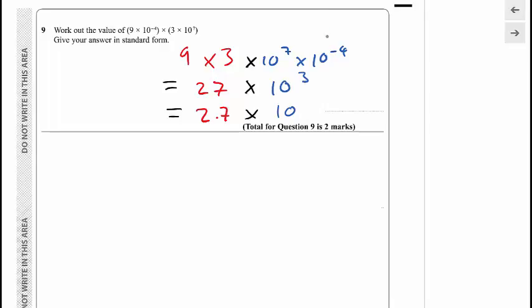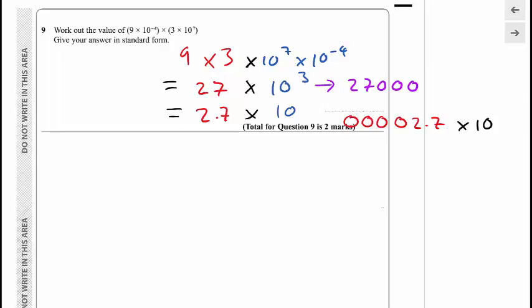What is 27 times 10 to the 3? Let's take this out of standard form. Well, it's 27 followed by 3 zeros. That's a nice, easy one to work out. So if I want 2.7 times 10 to the something, I'm going to stick a few extra zeros on the front. I need 2 and 7, and I need to multiply it by 10 to the what?